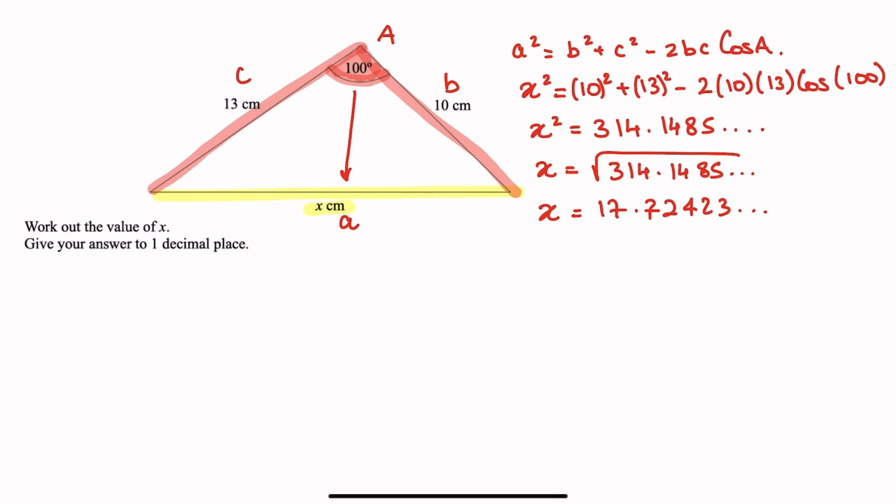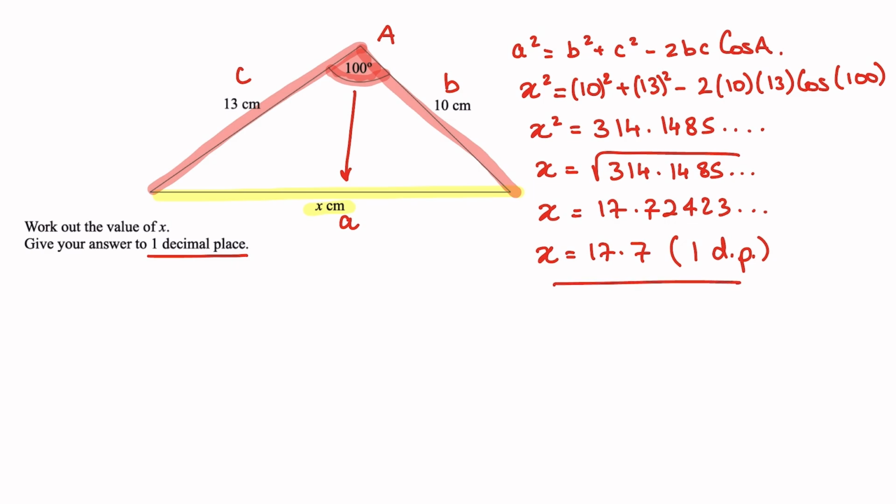The question told me to give the answer to one decimal place, so I can rewrite the value of x as simply 17.7 and put in a bracket 1 dp, which means one decimal place. And this is the answer for my first question here.